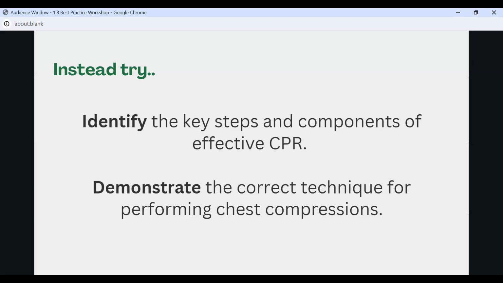So students could identify those key steps in an assessment, such as a quiz or an exam, maybe through multiple choice or through matching or what have you. They could demonstrate or perform chest compressions in a simulation or in a scenario-based learning experience in an online course. These can be more easily assessed or measured by you, the instructor, right?